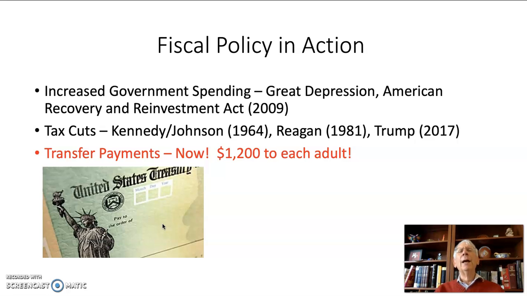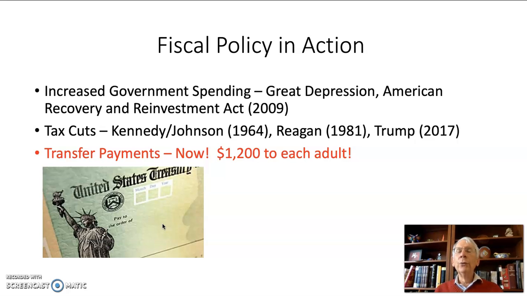and that's an example of using transfer payments to stimulate the economy. Now, I've talked here about situations when we want to raise aggregate demand. Sometimes we find out that aggregate demand is too high. Maybe prices are too high. We want to bring down inflation, the rate of price change. If that's the case, the government could use fiscal policy.